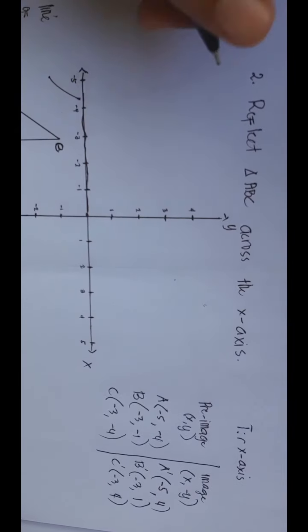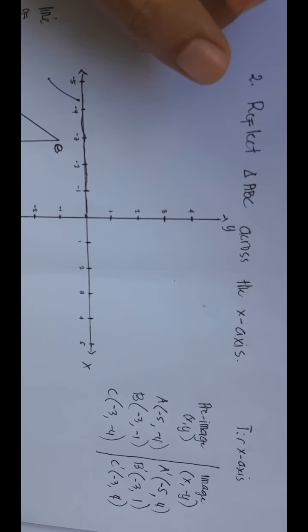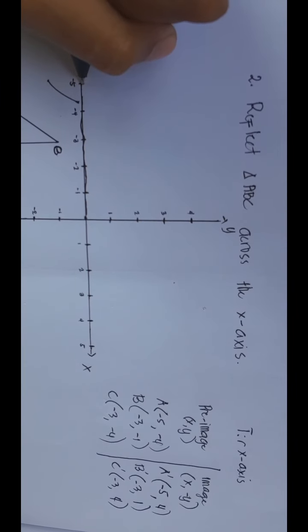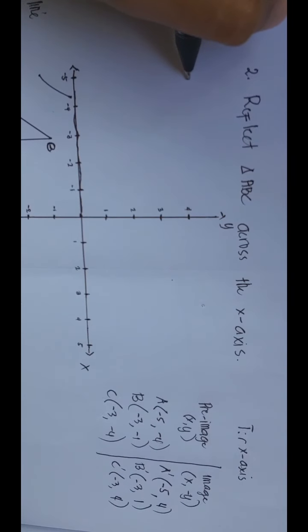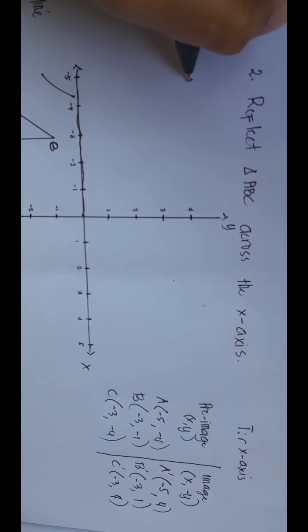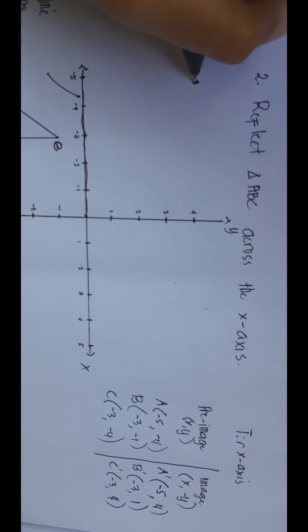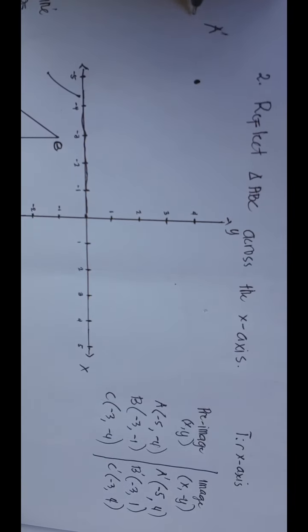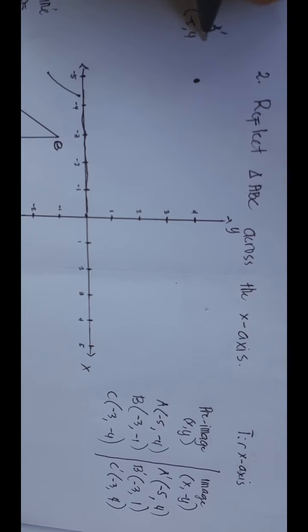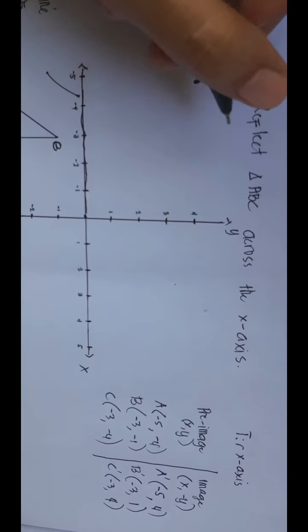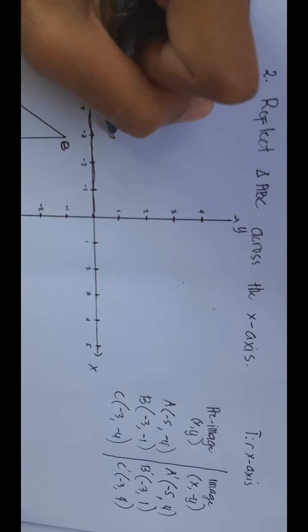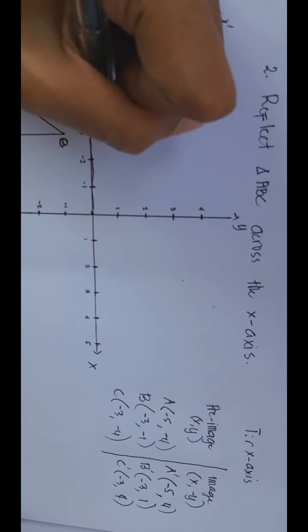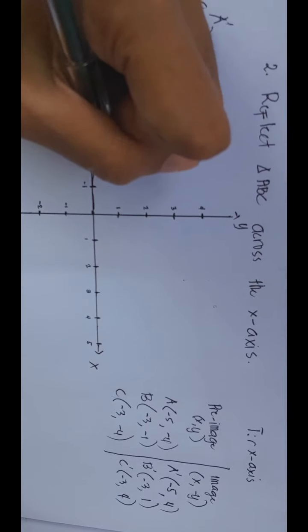So we first plot A prime, (-5, 4). So we have here. This is A prime, negative 5, positive 4. B prime, negative 3, positive 1.